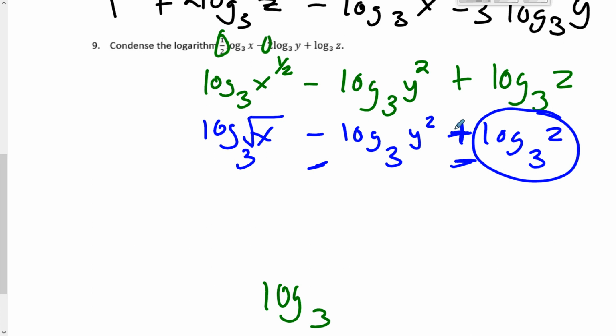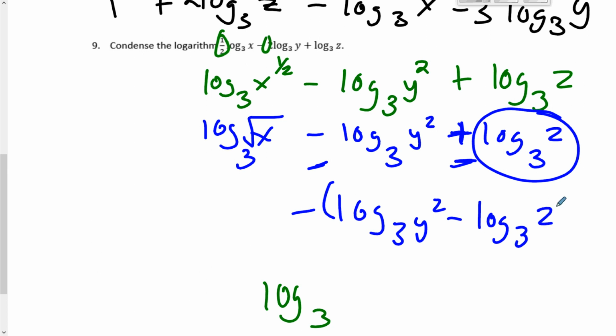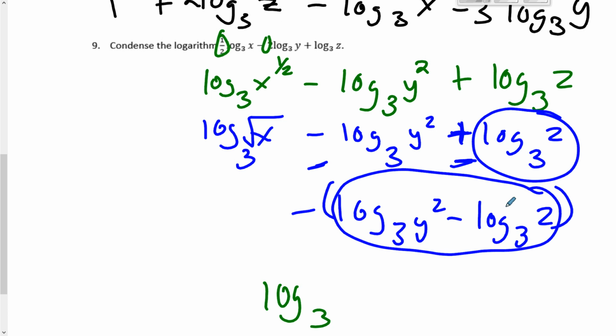What you could do is undistribute a negative from both of those, so it'd be negative log base 3 of y minus log 3 of z. And then you would have to rewrite this, which would be a fraction, and you'd be putting both of those in the denominator.